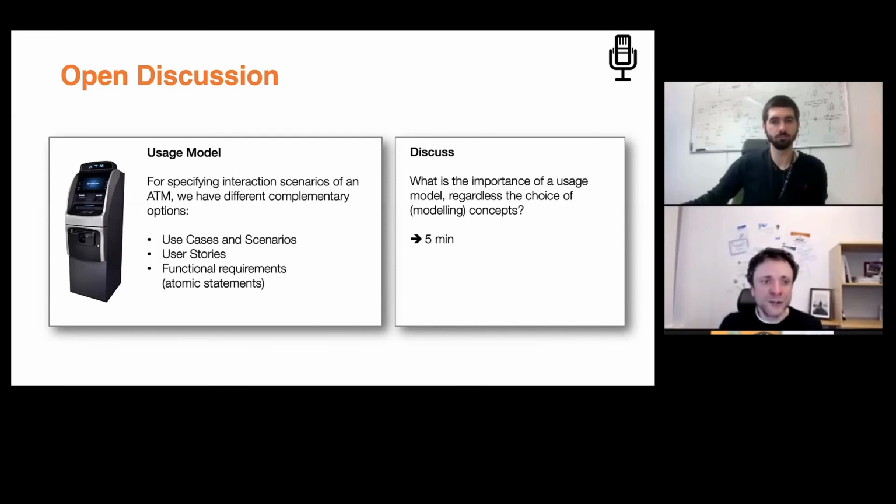Very good. But let's now change some perspectives. What else in the software development lifecycle might matter? Think about the very first lecture when I explained that requirements engineering is an interface to several activities in the software lifecycle.